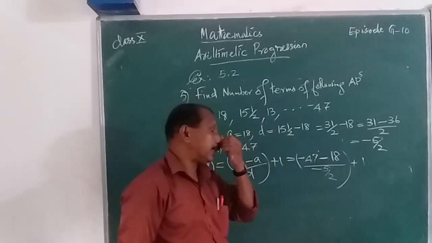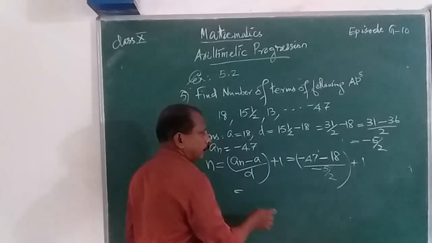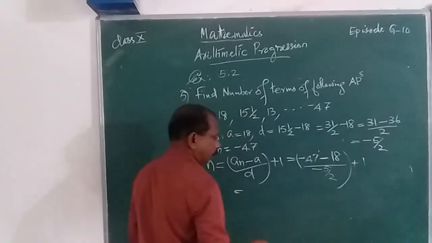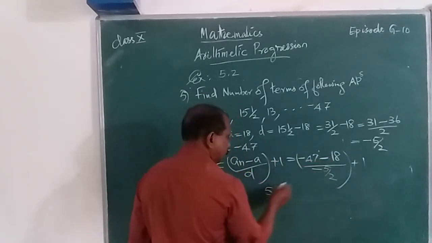These numbers are negatives, therefore we can add and take the common sign. That is equal to 8 plus 7, 50, remain 1. 4 plus 1, 5 plus 1, 6.